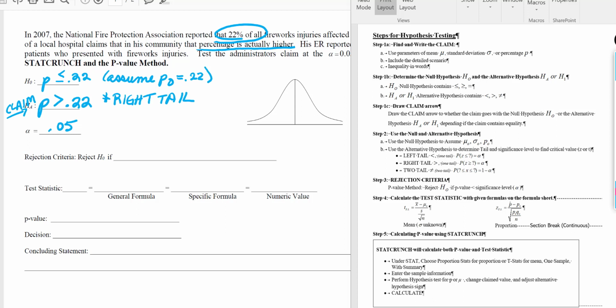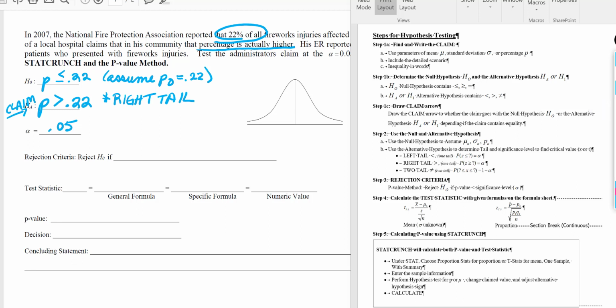As you can see, with our steps for hypothesis testing, we found and wrote the claim. We determined the null and alternative hypotheses. We drew the claim arrow, and we figured out the assumption and whether it's left tail or right tail. Next, because we're using the p-value method, we look at the rejection criteria.